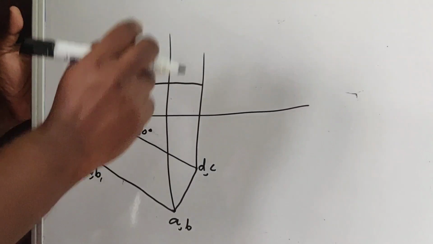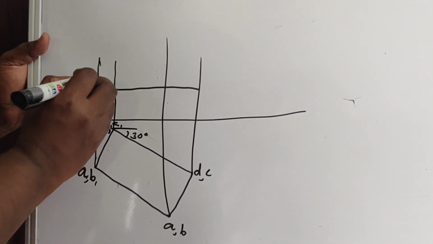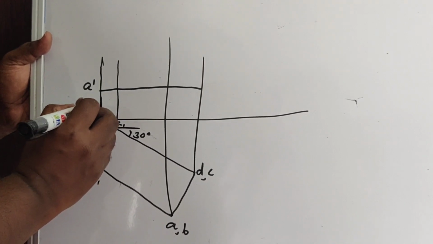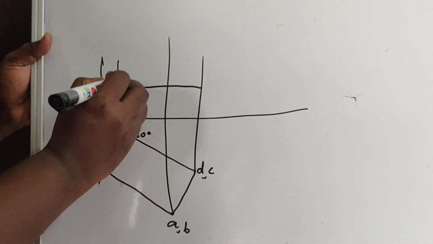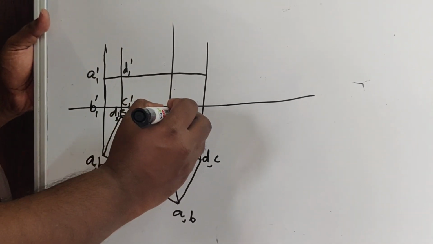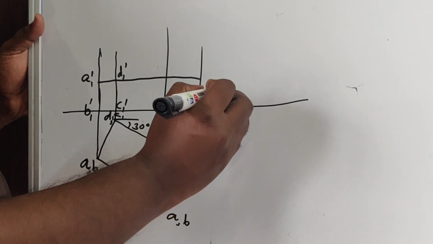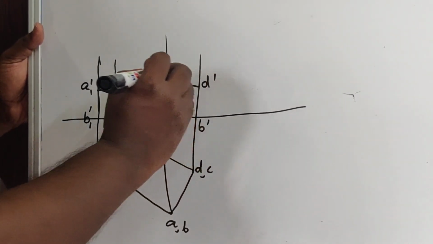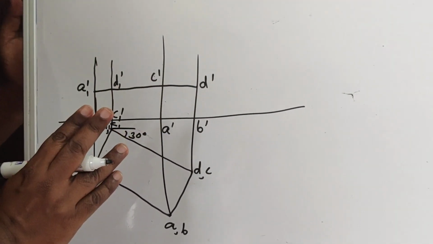So you have A dash, at the bottom you will have B dash, A1 dash, B1 dash, C1 dash, D1 dash, and you will have A dash, B dash, D dash, C dash. So all the edges you got.